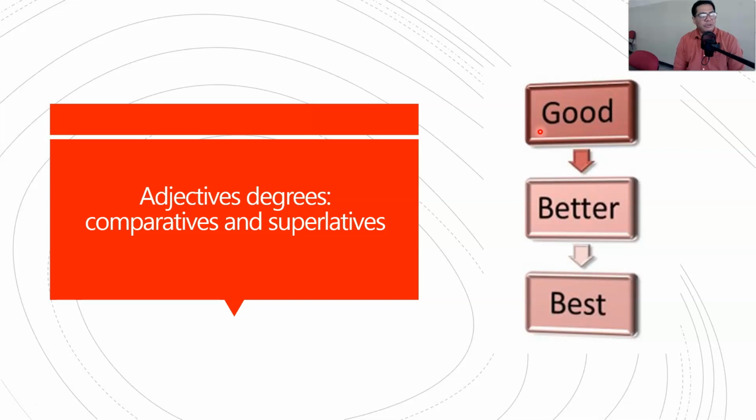The superlative degree is used when talking about more than 2 elements. Okay? You need to bear this in mind. I don't use the superlative when I talk about only 2 elements. And we gotta be very careful not to mix the comparative and the superlative degree, which is a common mistake for some people.